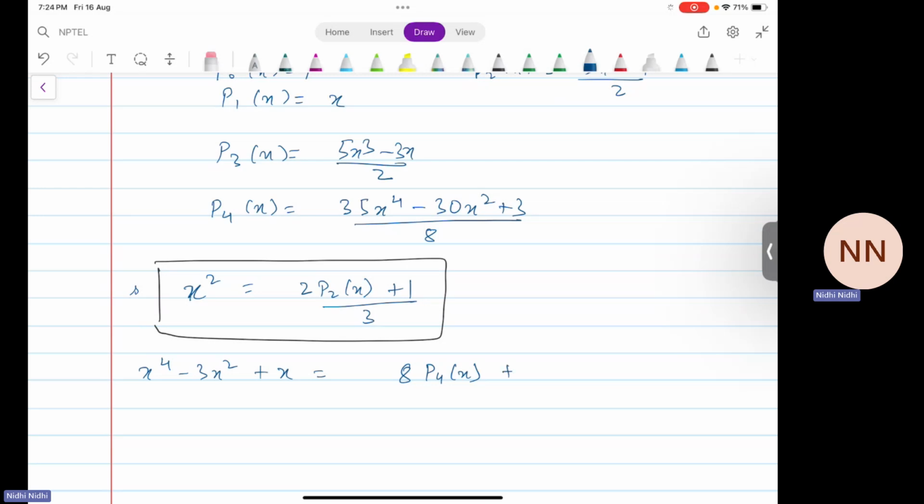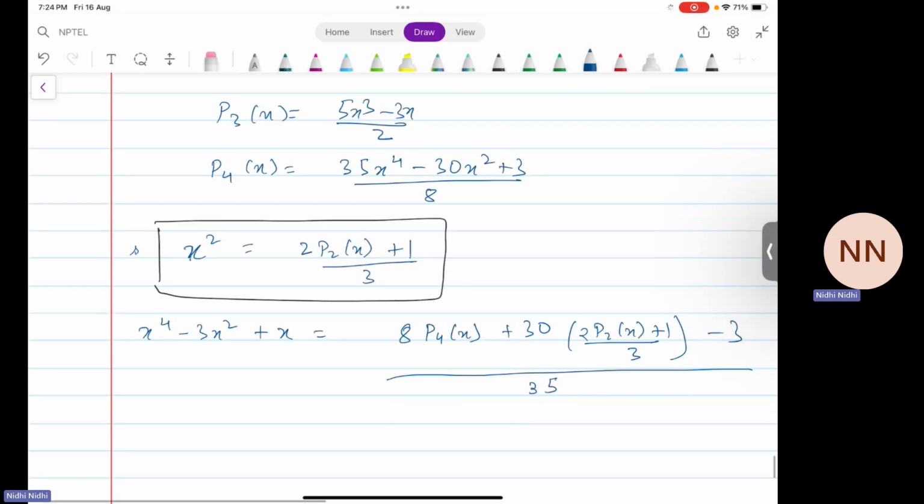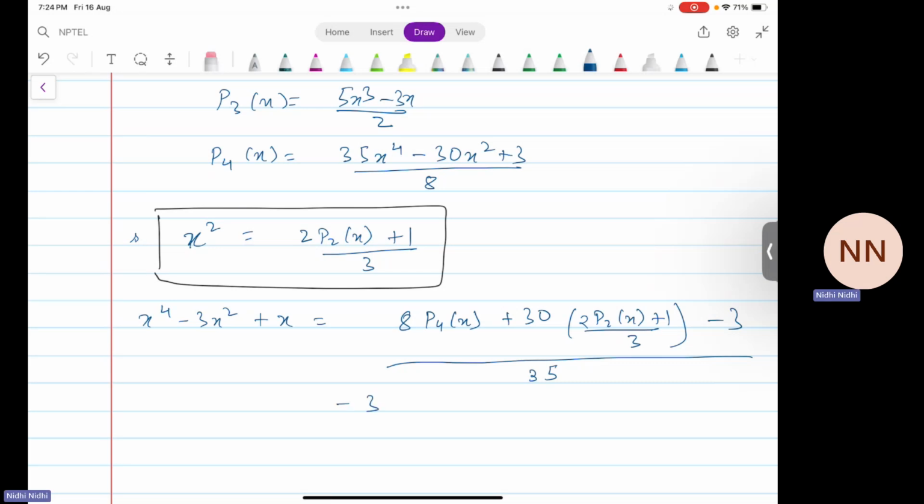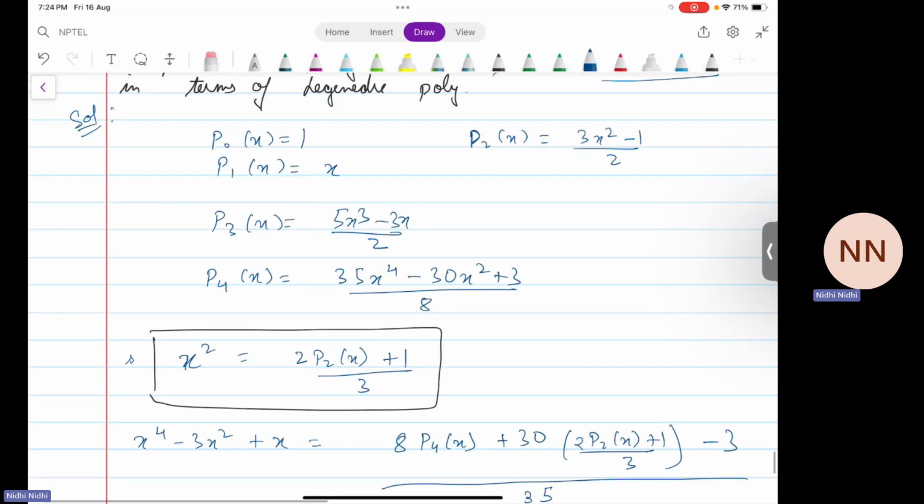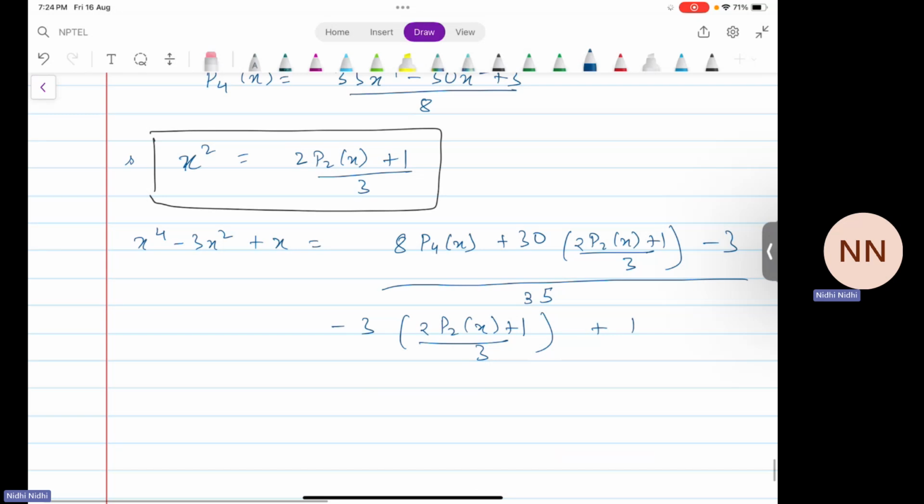So we'll just write plus 30 times x square, and what was x square? x square was (2P2(x) plus 1) by 3, and then we have minus 3 by, the numerator is now 35x to the power 4. We want just x to the power 4, so we'll just divide it by 35. Now next term is 3x square. So minus 3, and what was x square? (2P2(x) plus 1) by 3, and what was x? x is P1(x).